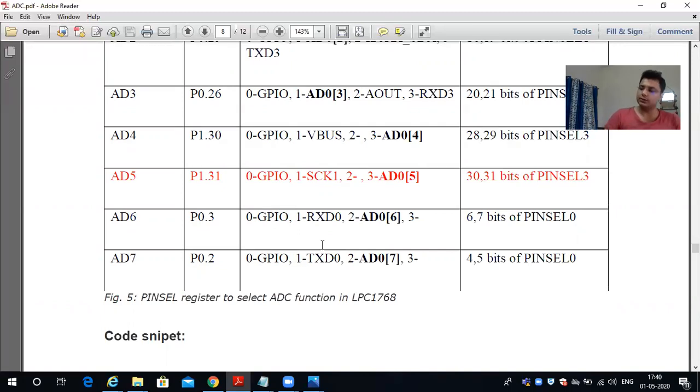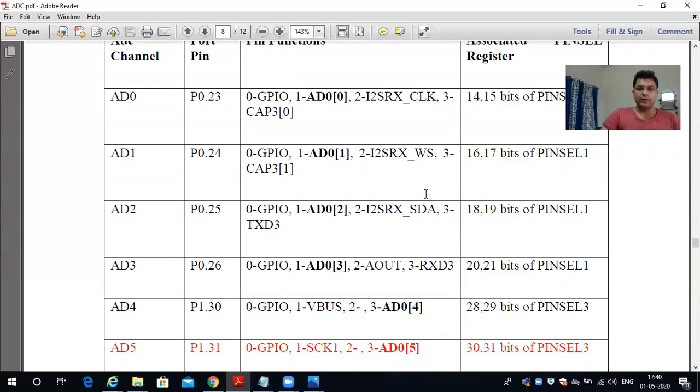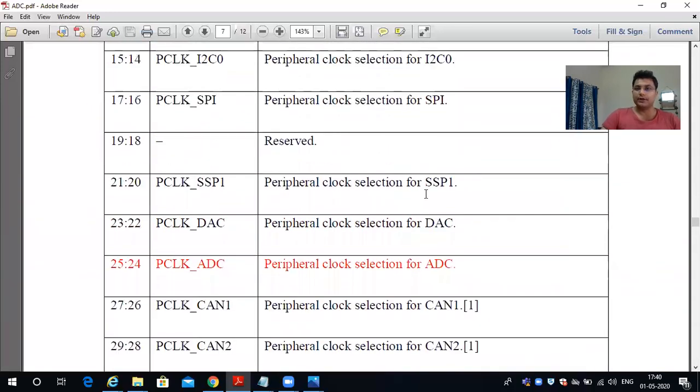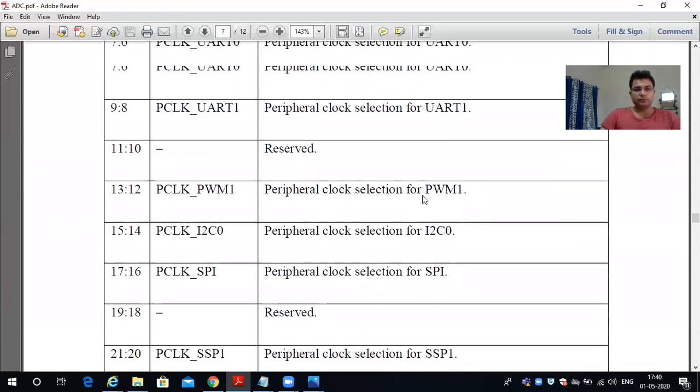So for that purpose, there is one power configuration register, and its corresponding bit should be set as 1. Now we will go to the power configuration register and see which bit should be 1 for powering up the ADC module.